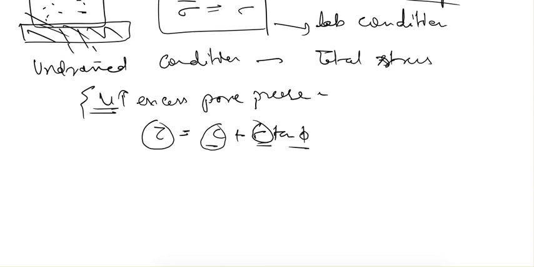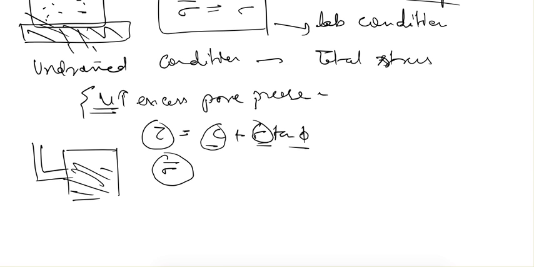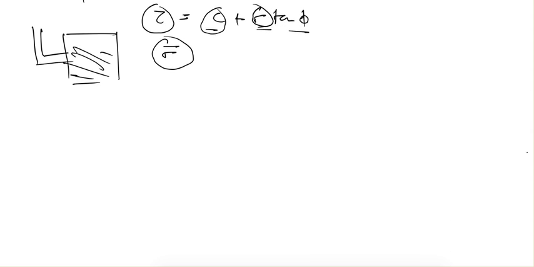And in some cases, if we can measure the pore water pressure by inserting piezometer in the soil, for that we can conduct the effective stress analysis also. But generally for undrained condition, total stress analysis will be done.